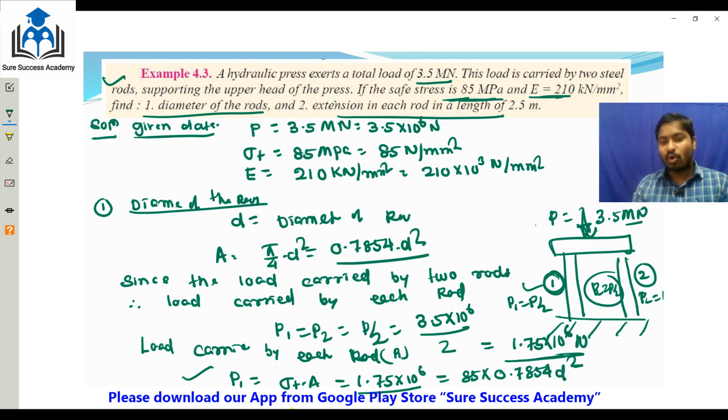From here the only unknown is D. So D is coming around 162 mm. This is the answer.